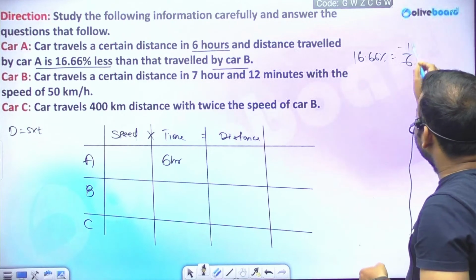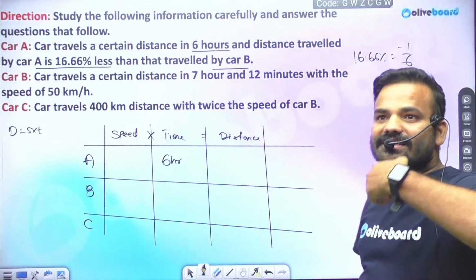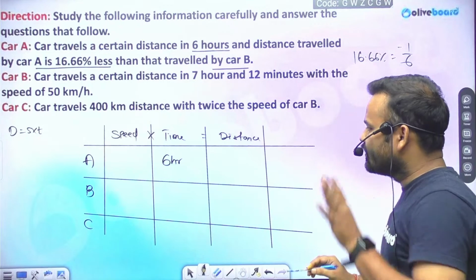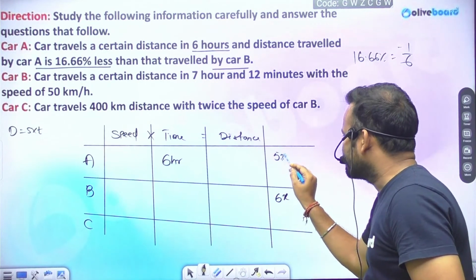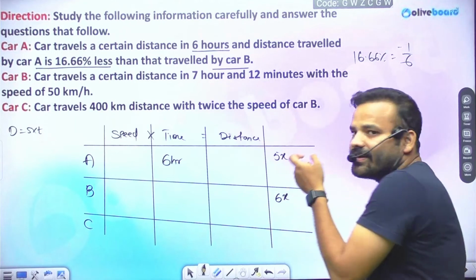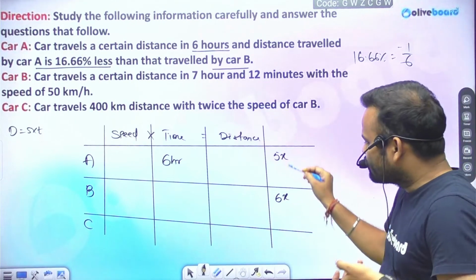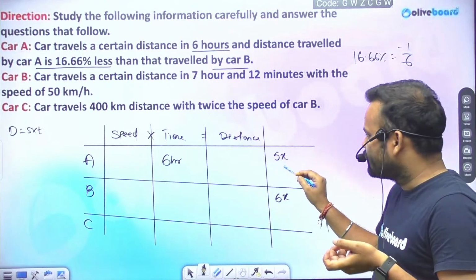So car A is traveling 1/6 distance less as compared to car B. So if suppose car B is traveling 6x distance, car A will be traveling 5x distance. I have taken x as variable. This is in the ratio of 5 and 6.